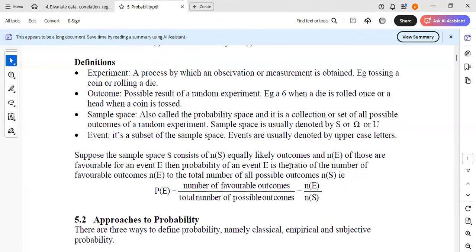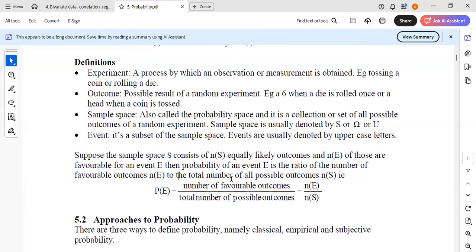Say, for example, if you are looking for the probability of finding a Thursday in a week, Thursday will be your E, and the week, which contains 7 days, will be your S. And therefore, the probability of an event E is the ratio of the number of favorable outcomes, n(E), to the total number of all possible outcomes.